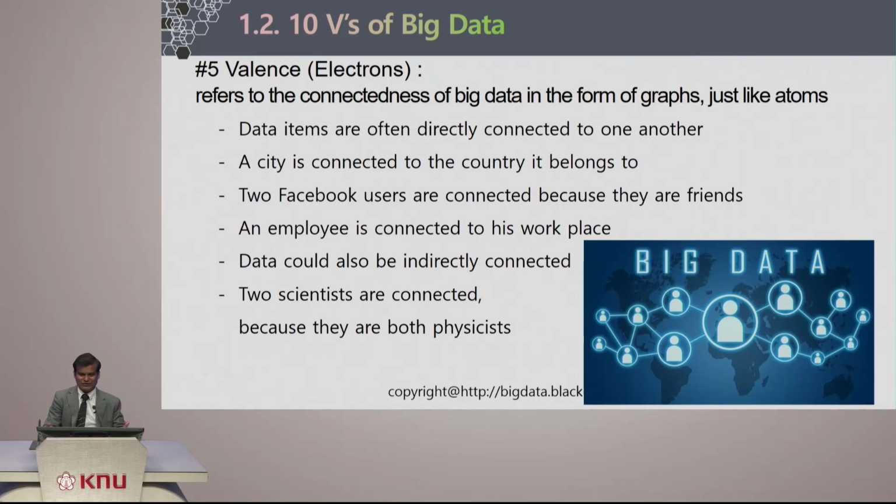For example, two scientists are connected because they are both physicists. A city is connected to the country it belongs to. Yes, we can always come up with certain relationship connections between the data that you have.